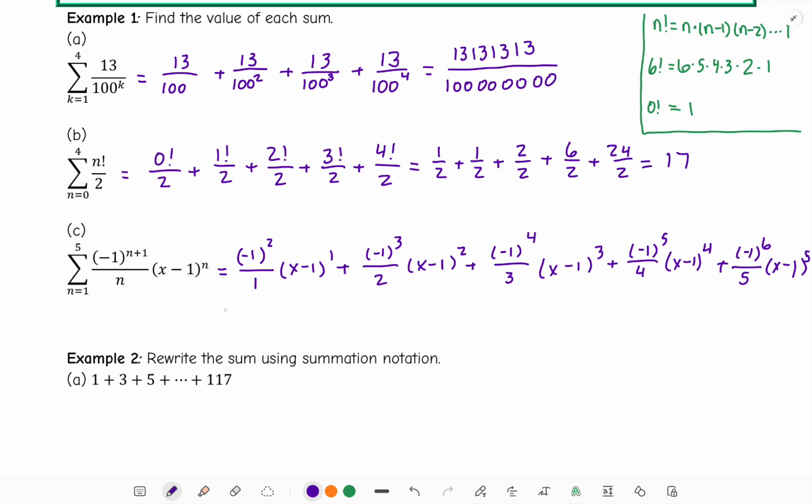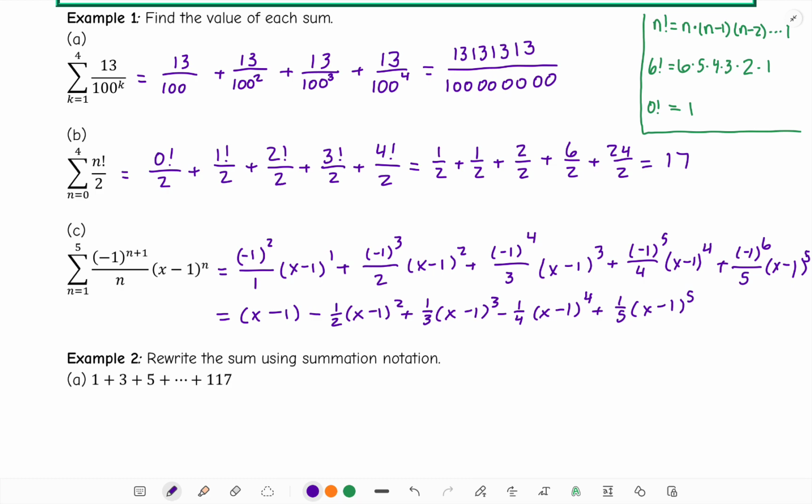Now you simplify this, get x minus 1 plus, negative 1 cubed is negative, so minus 1/2 times x minus 1 squared plus 1/3 times x minus 1 cubed minus 1/4 times x minus 1 to the fourth plus 1/5 times x minus 1 to the fifth.